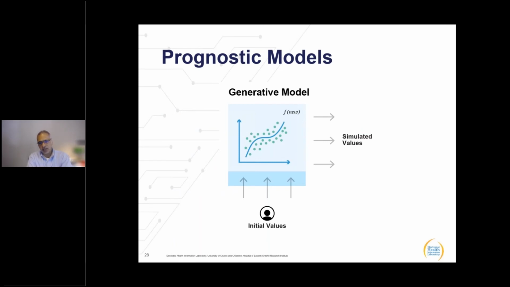And then, of course, the other interesting application is that these generative models are quite powerful, and you can run simulations or use them as prognostic models with multiple outputs. So typically when we build prognostic models, we have a model with a single variable output, but with generative models, you can have 10, 100, 200 outputs, so you can run pretty complex simulations.